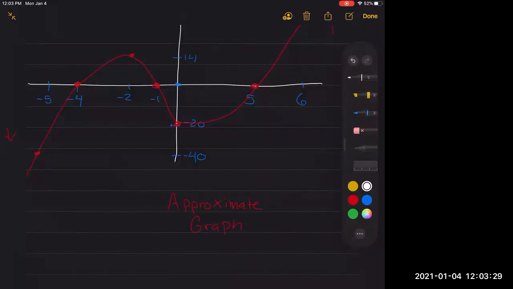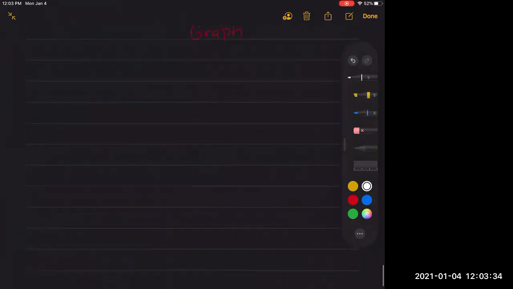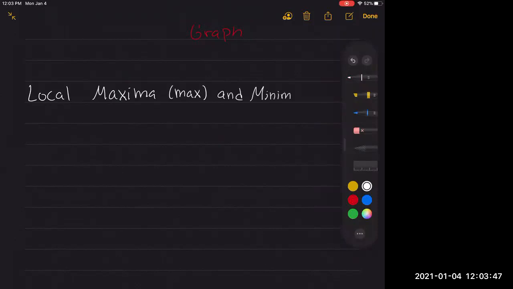All right, now we're going to go over one last thing before we end the lecture. We're going to talk about local maxima, which I'll just usually write max, and minima, which we'll usually just write min, max and min. We all know those terms. All right.